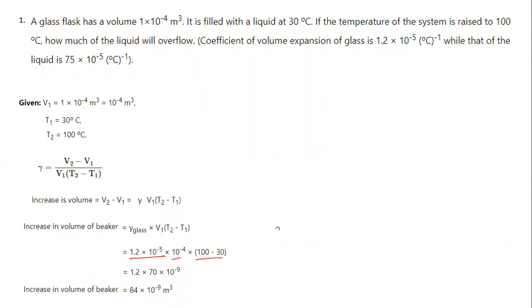So it is 84 into 10 raised to minus 9; 10 raised to minus 4 times 10 raised to minus 5 gives 10 raised to minus 9, and 84 here. So this is the increase in volume of the beaker.